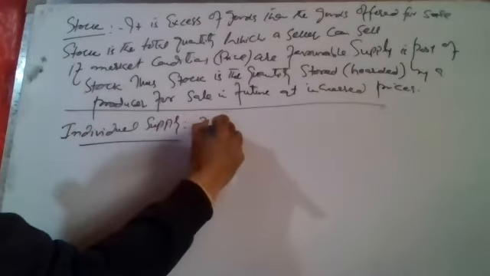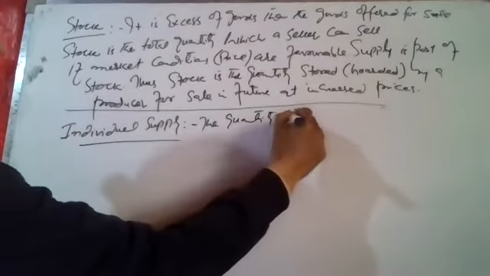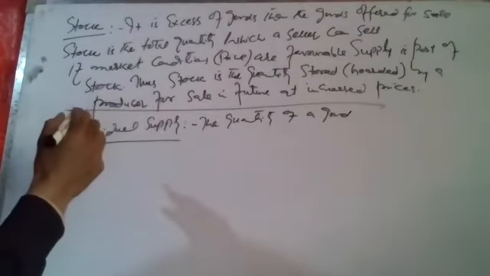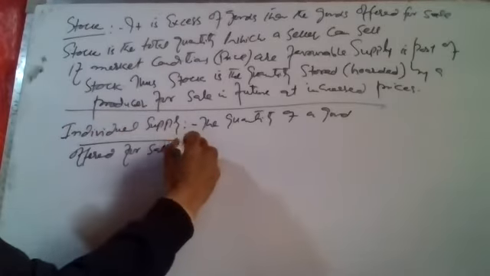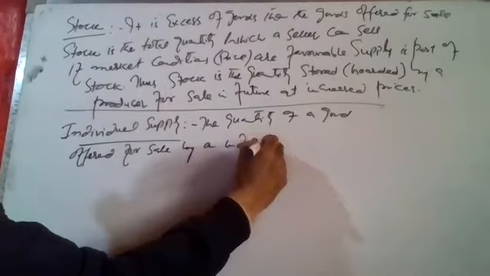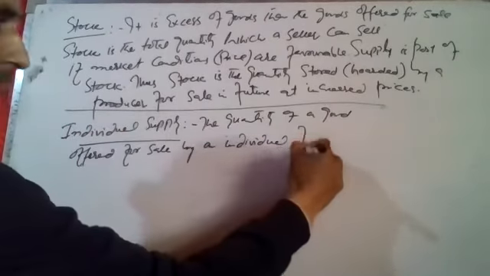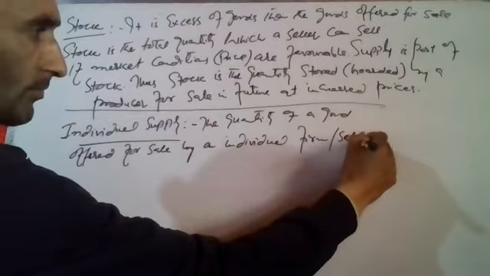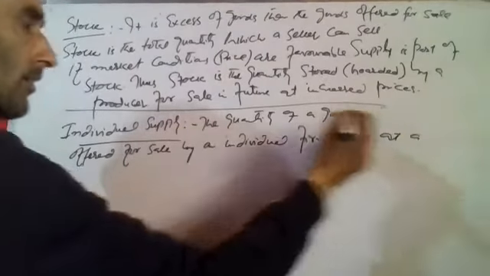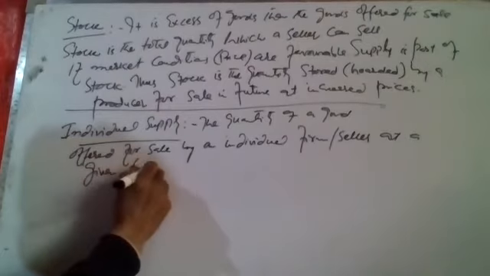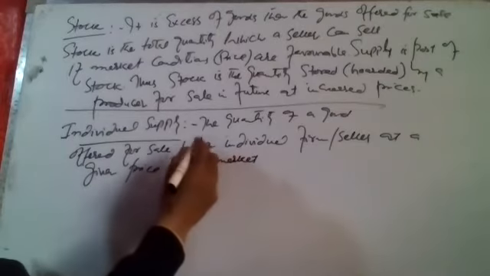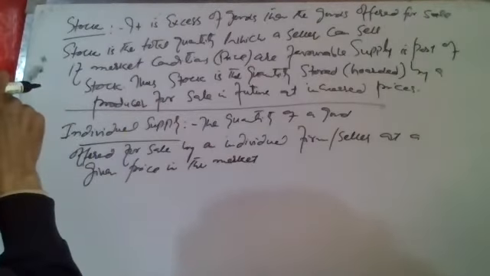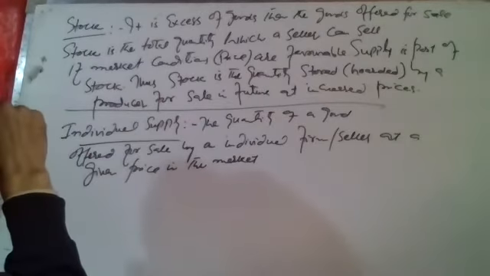Individual supply is the quantity of a good offered for sale by an individual firm or seller at a given price in the market.